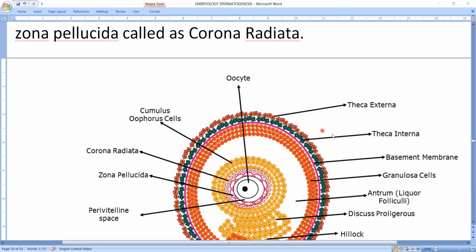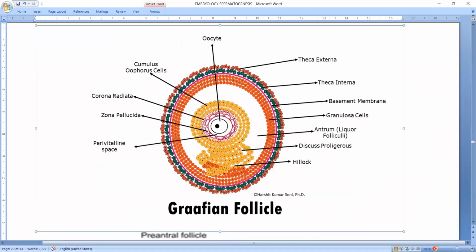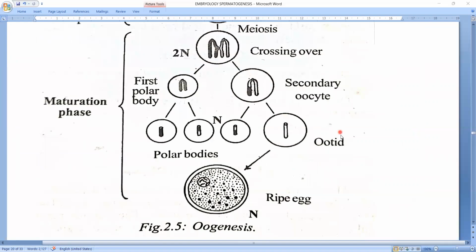Before going to the detailed points, we should have this much knowledge of the egg structure. Then only we can understand the points. Okay, so now let's see.